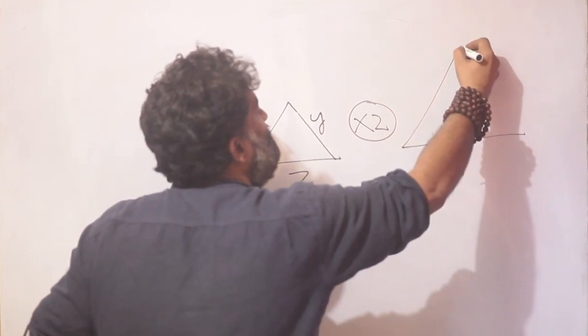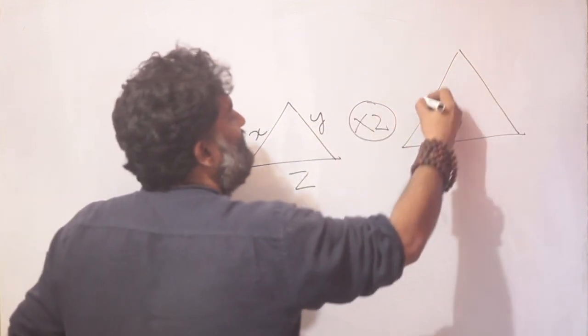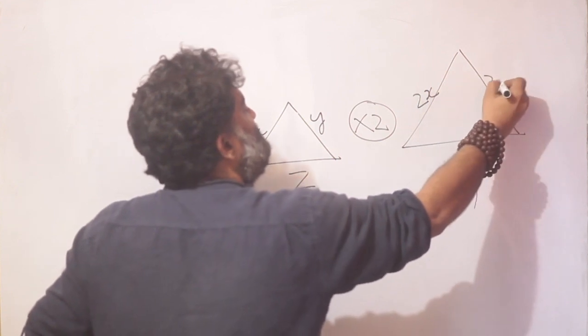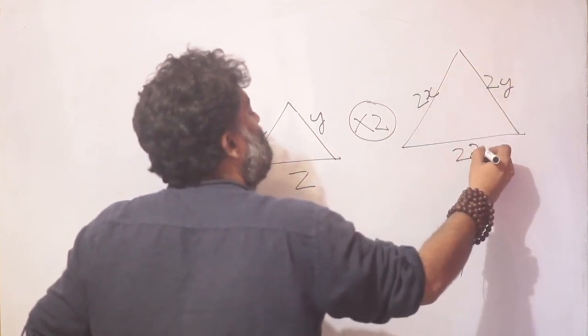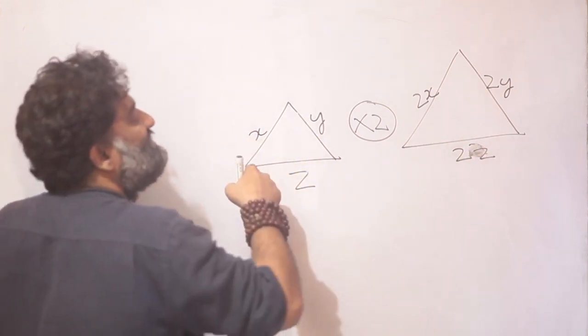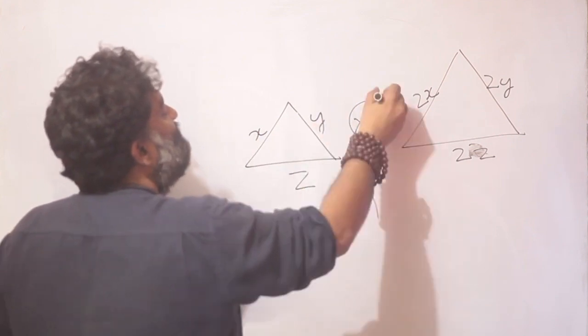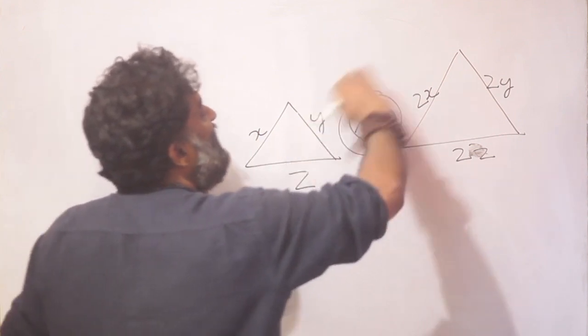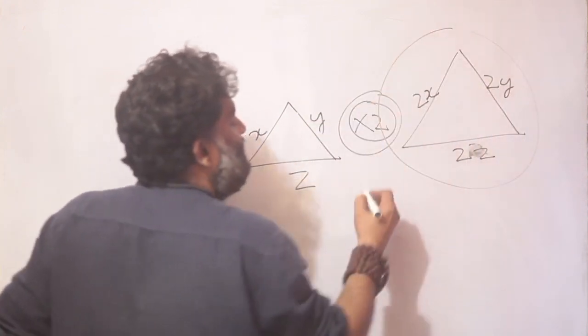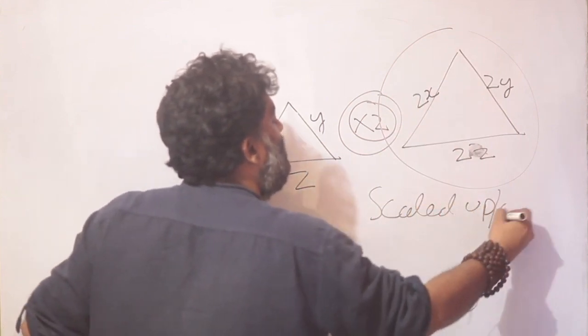So I create a new triangle which looks very similar to the old triangle, with sides 2x, 2y and 2z. This is the basic idea: all the sides got multiplied by the same thing, and the shape is scaled up or down.